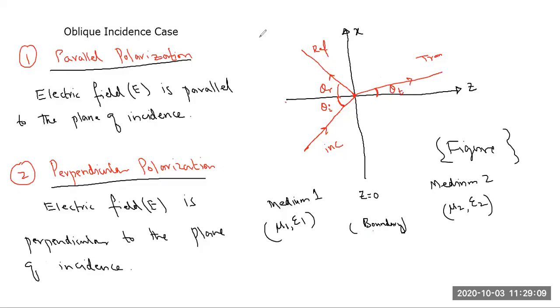The plane of incidence is that plane which contains the direction of propagation and the normal to the boundary. I have already drawn this line, which tells you the direction of propagation. This vector is lying in which plane?